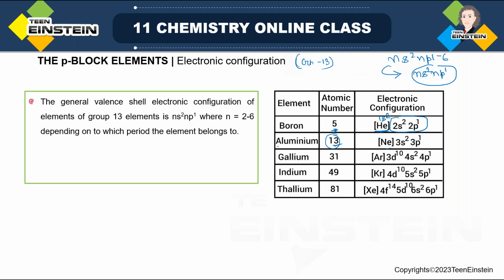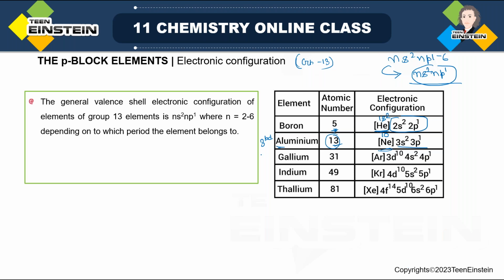So when you have aluminium which is from third period, you have to consider the previous period, which is second period, and the last element, the noble gas in second period, that is actually neon. So neon will have these 10 electrons. So here containing 10 electrons, and the rest of the 3 electrons will be 3s2, 3p1. So again it is following this general pattern, ns2, np1.